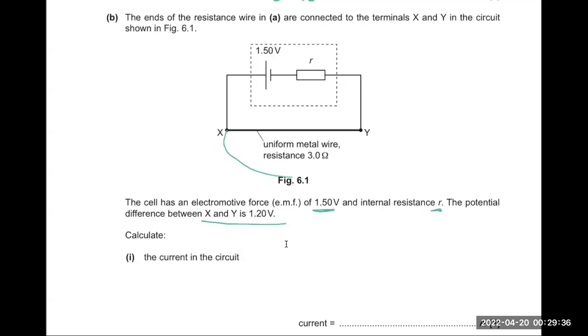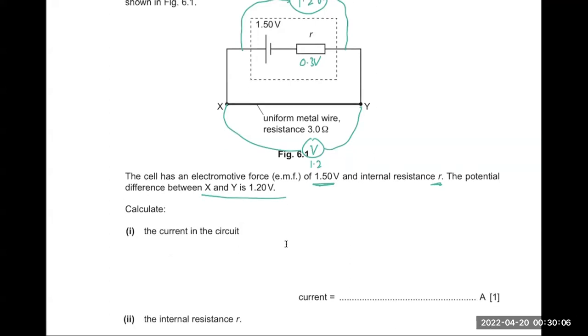So if they've told you that the potential difference over here is 1.2 volts, which means that this is the terminal potential difference of this battery. A battery with an EMF of 1.5 volts is actually providing 1.2 volts to the external load. There's a drop of 0.3 volts inside the battery. This is known as lost volts.